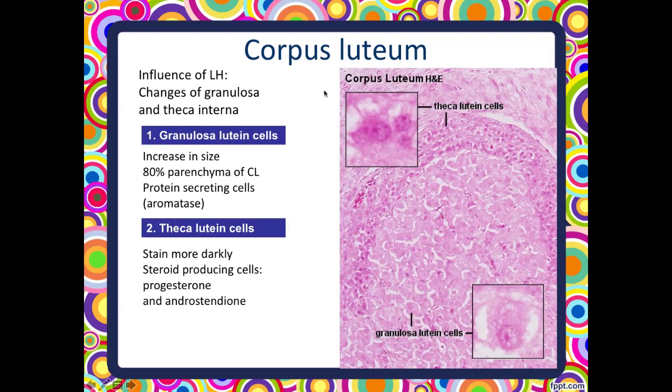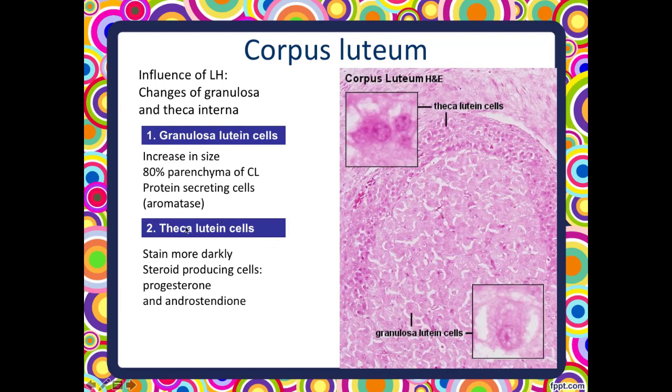As I mentioned, they will transform into granulosa lutein cells and theca lutein cells. Granulosa lutein cells will increase their size, and they represent about 80% of the parenchyma of corpus luteum. They are like typical protein secreting cells.